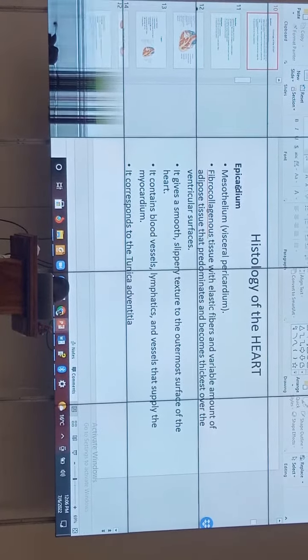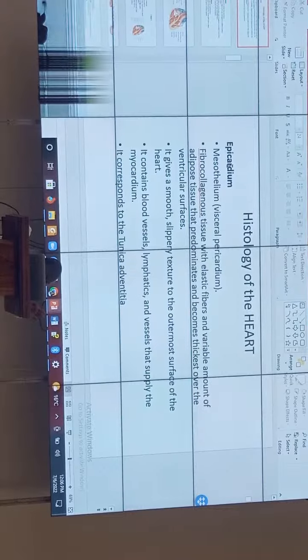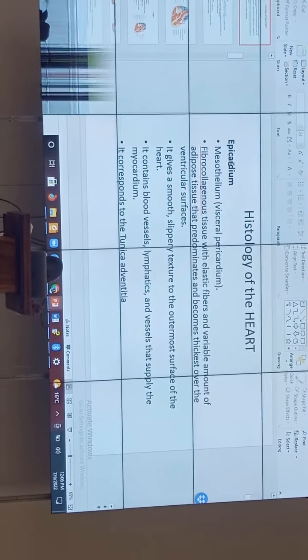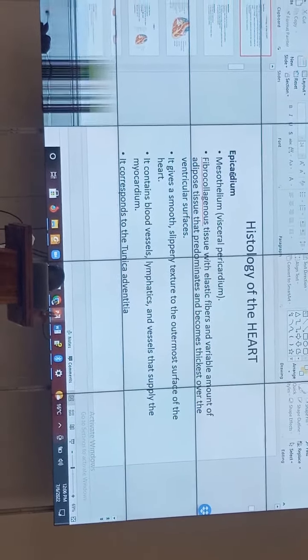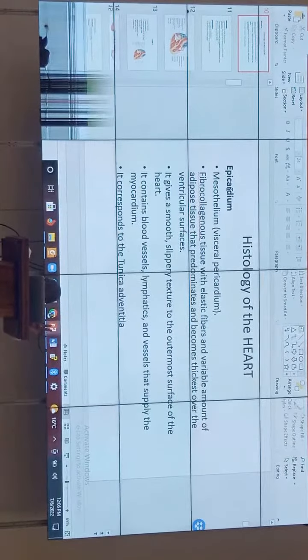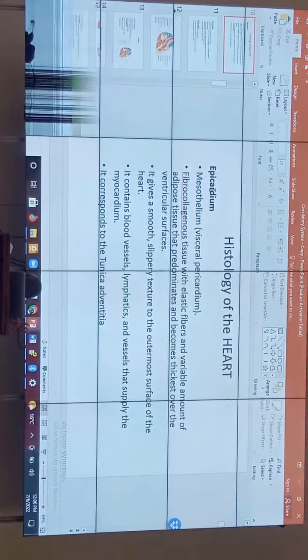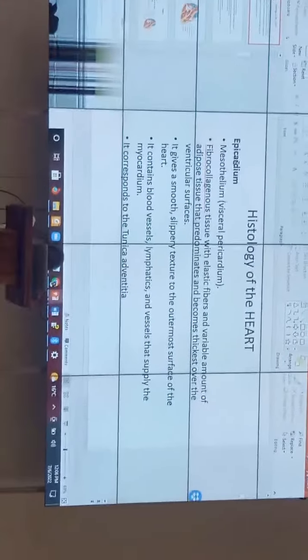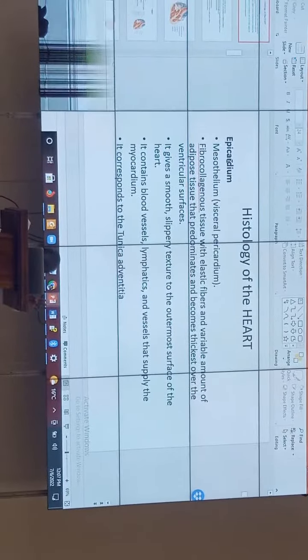Do you remember? I'm sure you were tired by then, but you need to remember nevertheless. Then the serous pericardium was made up of how many things? What did we name the two parts of the serous pericardium? Visceral and parietal. Yeah.